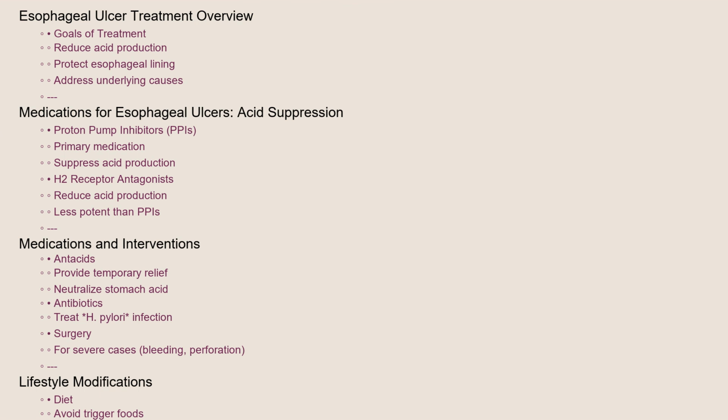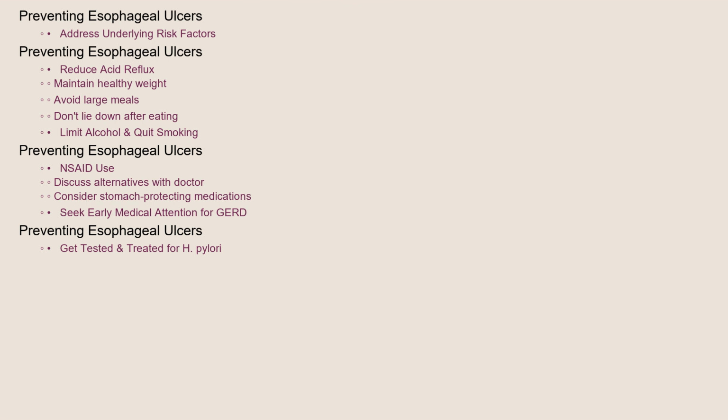If H. pylori infection is present, antibiotics will be prescribed to eradicate the bacteria. In severe cases, especially those involving bleeding or perforation, surgery may be necessary. Lifestyle modifications, such as avoiding trigger foods, elevating the head of the bed, and quitting smoking, are also essential for healing and preventing recurrence.